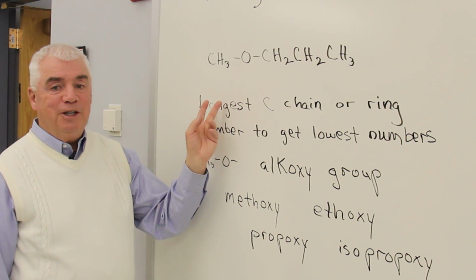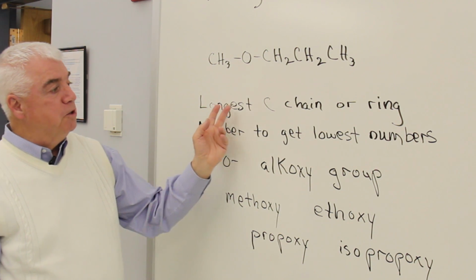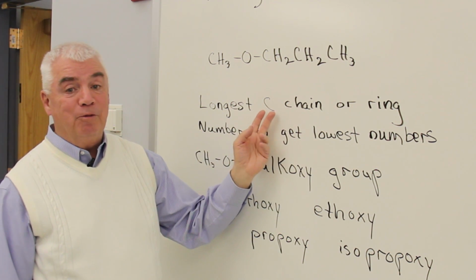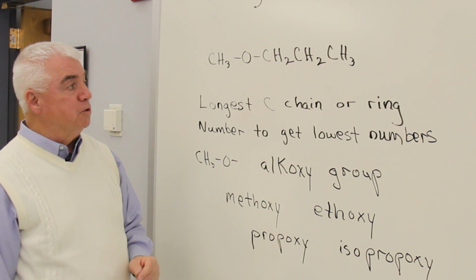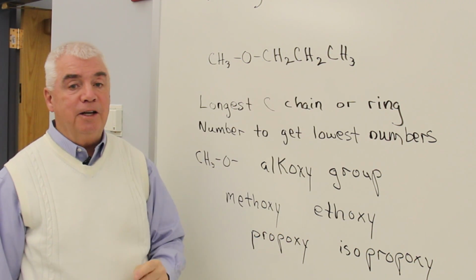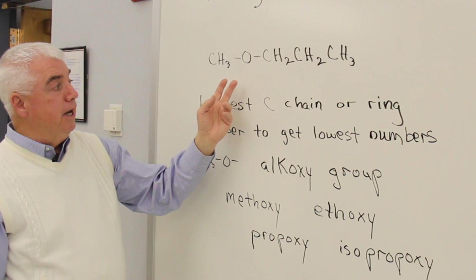The IUPAC system, taking the rules one at a time, emphasizes the longest chain as the base word, the longest carbon chain, we should say, or sometimes we have a ring that would form that base word. 1 carbon on this side, 3 on that side. This side is going to form the base word for our IUPAC name.